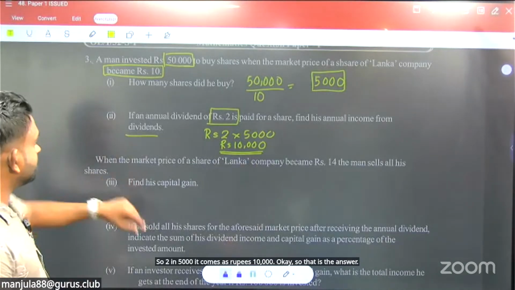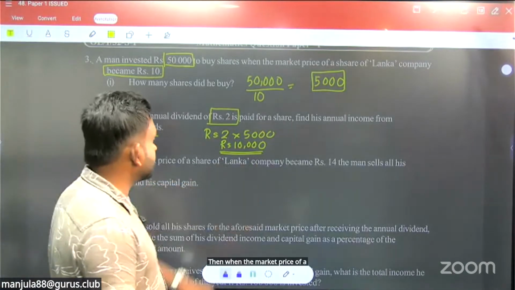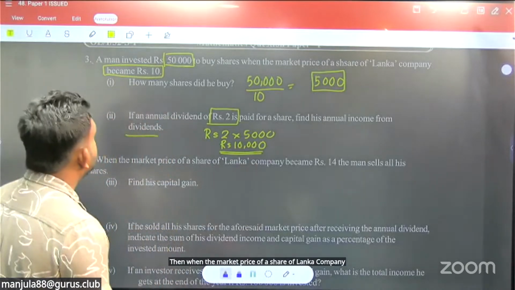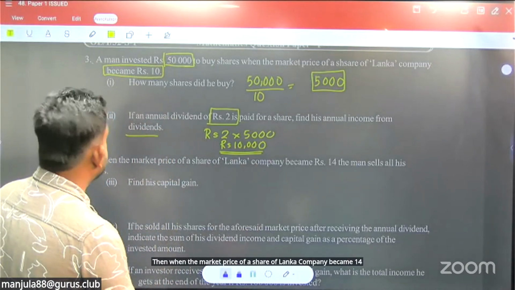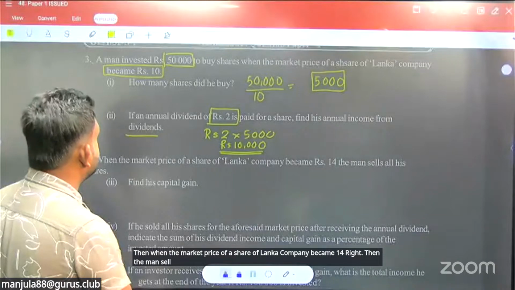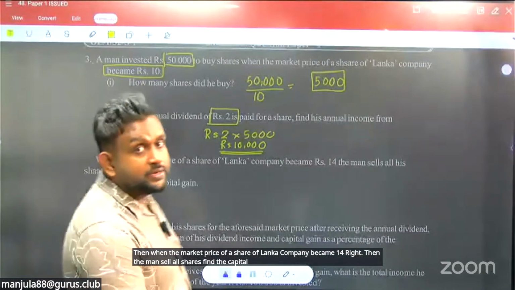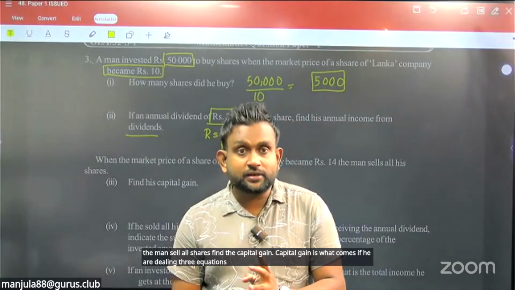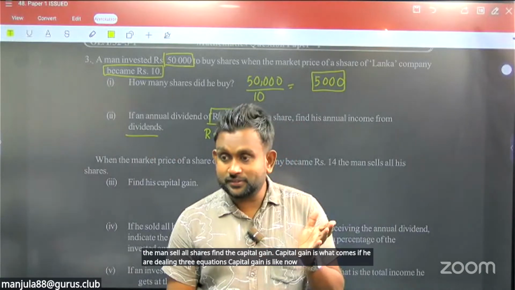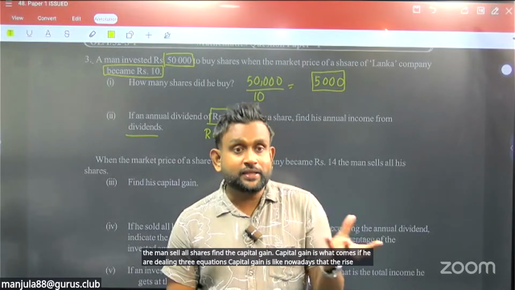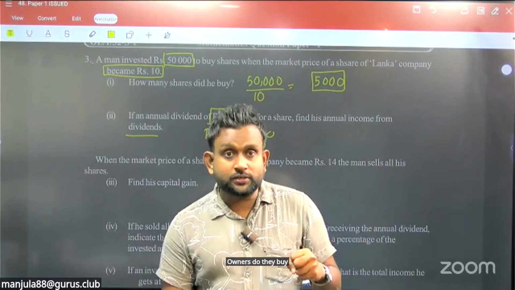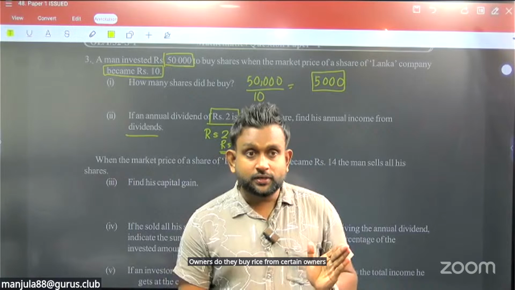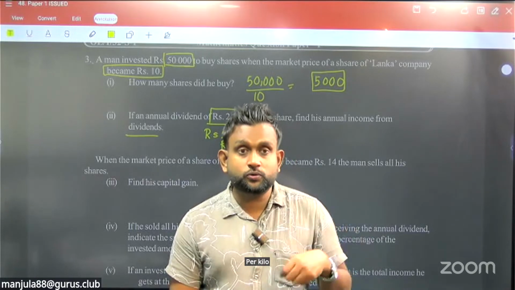Then, when the market price of a share of the Lanka company becomes 14, the man sells all shares. Find the capital gain. What is the capital gain concept? It is like what rice owners do nowadays. They buy rice from certain owners at a certain price, per kilo, imagine they bought it for 200.